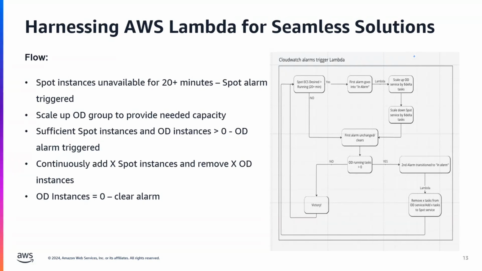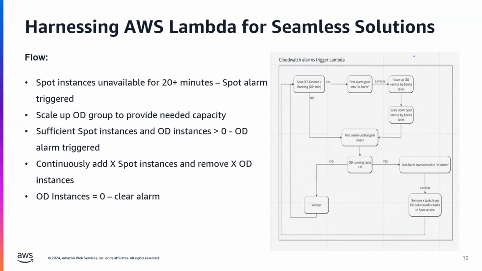As long as desired count is more than the running count, that alarm triggers, essentially triggering the Lambda. The Lambda will calculate the delta between the desired and running count, and it would spin up enough on-demand instances that will automatically attach to the ECS cluster and service, providing the needed capacity to the service. And then that immediately will scale down the spot service so that it's running as much as we need.